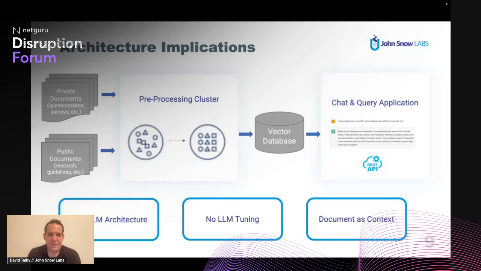Given those use cases, here are the main implications we see in terms of architecture and implementations. First of all, by far the most common architecture is RAG, Retrieval Augmented Generation, which means you have two parts to the technical architecture. On the front end, you have the chatbot, which you speak with, writing queries and getting responses.